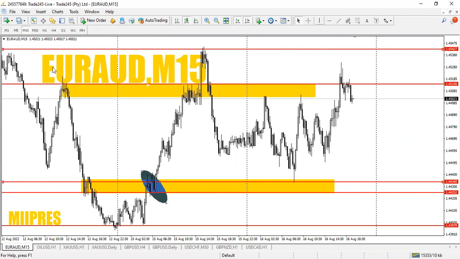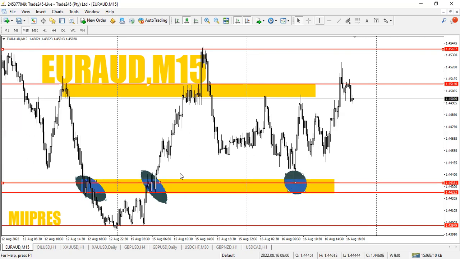That side over there, another touch, important. And then another touch that is important here, over there. Important.